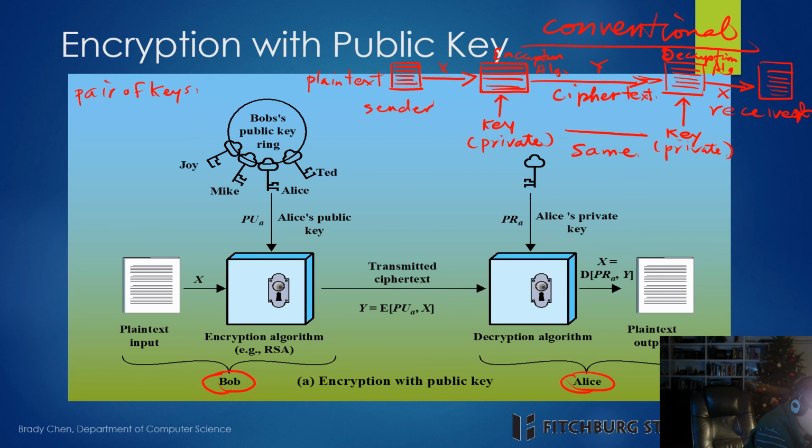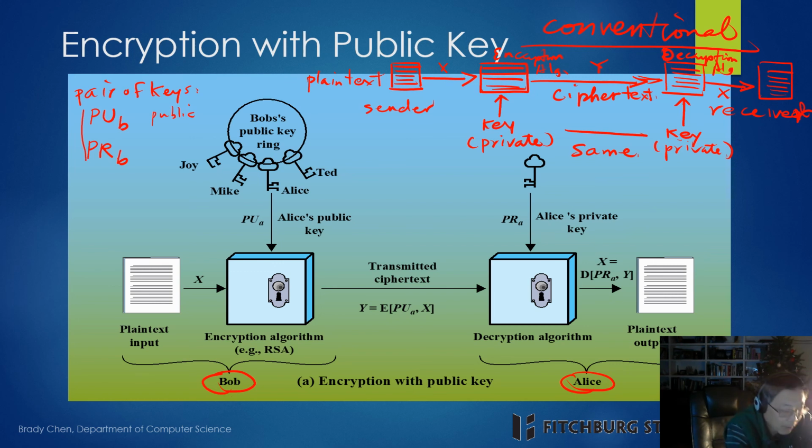One is called a public key, and we use PU with the subscript B, which represents Bob. Okay, so that's a public key. And Bob also needs to create a private key, PRB. So that's the pair of keys Bob needs to create.